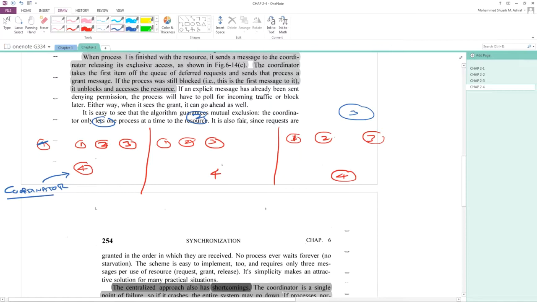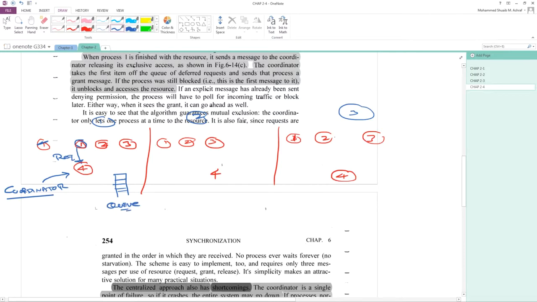Okay, now this is one example. Here there are four processes: 1, 2, 3, 4. Process 4 is the coordinator. Now process 1 wants to access the resource. So if he wants to access the resource, he will send a message, a request. Then process 4 will check the waiting queue. There is one waiting queue, which is known as the queue.